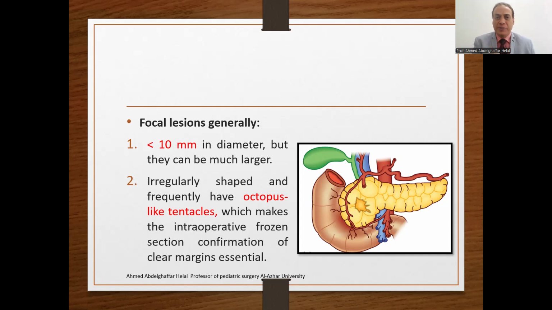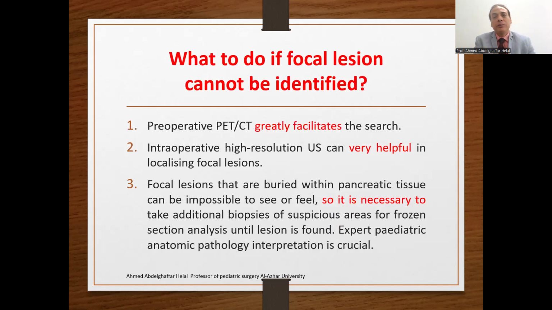You should confirm intraoperatively that you reach the clear margin, because the focal lesion usually has octopus-like tentacles with multiple projections. So it cannot be excised with a clear margin very easily. You need multiple biopsies to ensure that there is no missed projection in the pancreatic tissue.